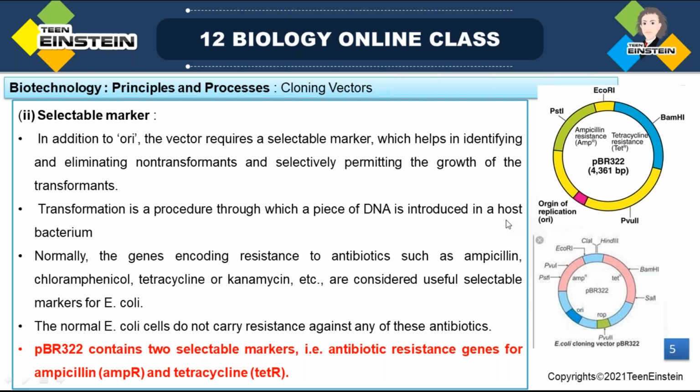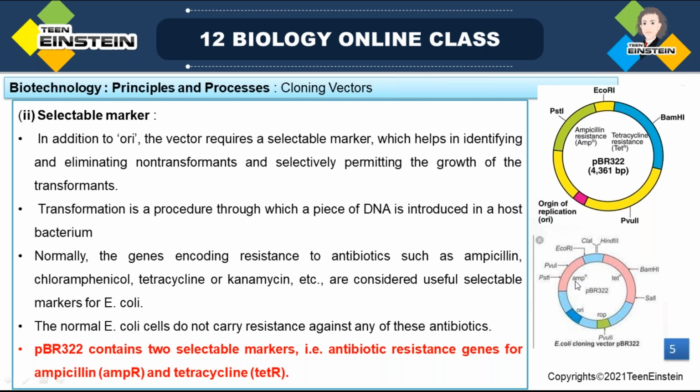Okay, so by learning about the features of cloning vectors, you are learning about pBR322 also. One by one we can see. Here you have to draw the picture of pBR322, and now one part you have learned, right?